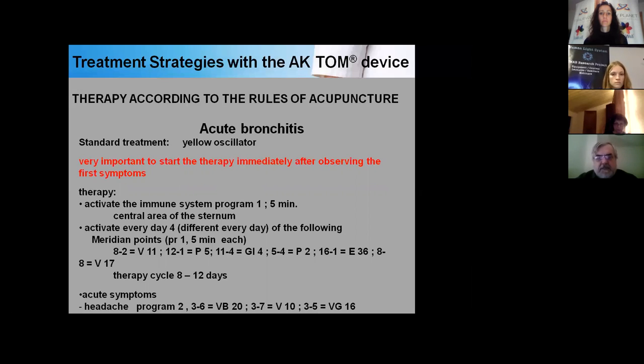In addition to these 2 therapy influences lasting at least 10 minutes, you activate every day the following meridian points, different every day, because you have here named 7 points. So 4 of them every day you can activate with program 1, 5 minutes each. And the therapy cycle is again 8 to 12 days.